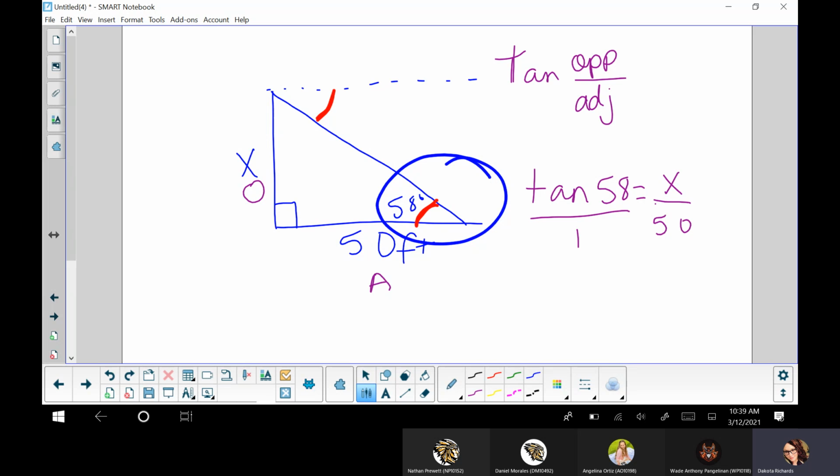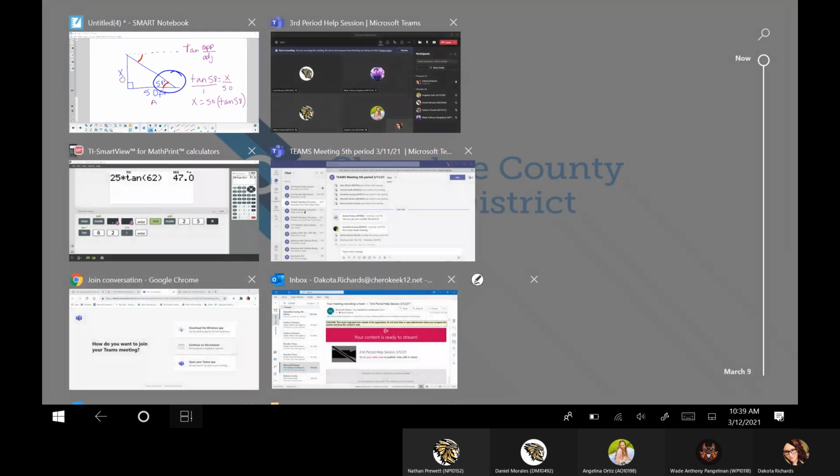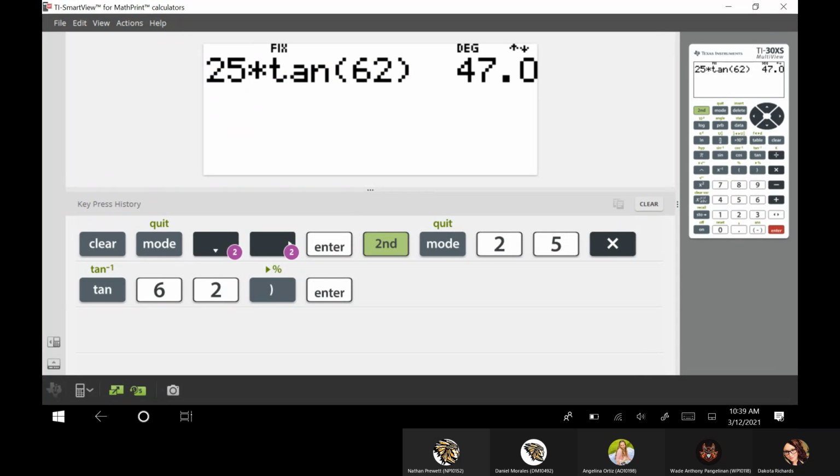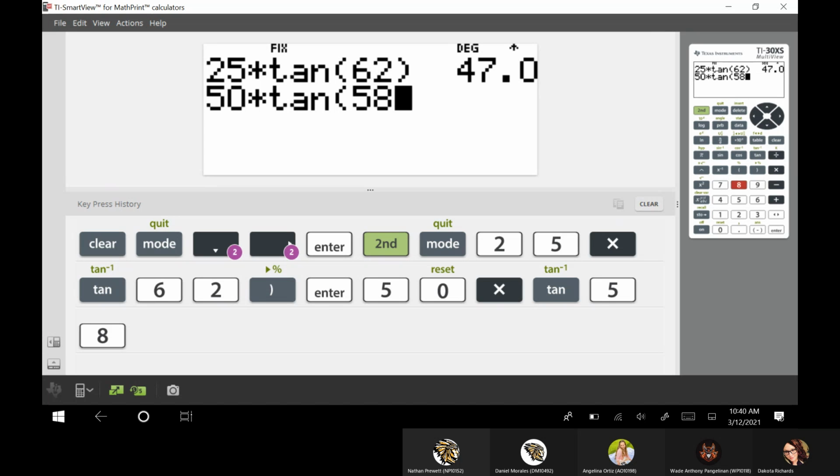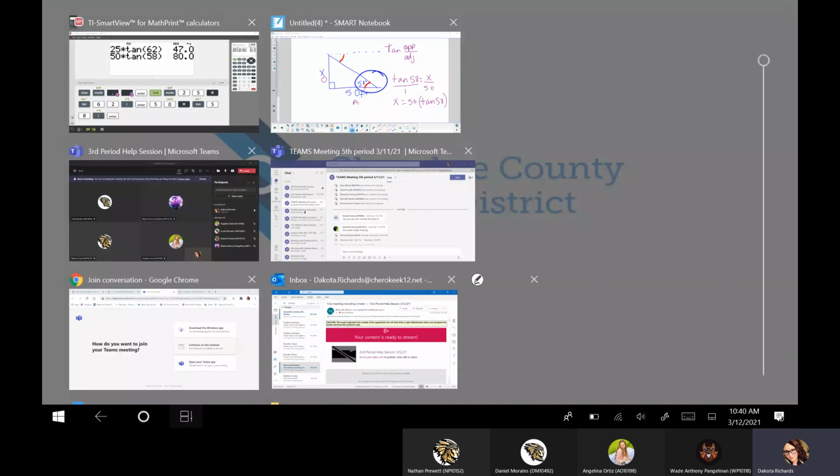And just cross multiply. 1 times X is easy. That's just X. And then you're going to have 50 times the tangent of 58. When you do that, you end up getting 80. So the movie screen is 80 feet tall.